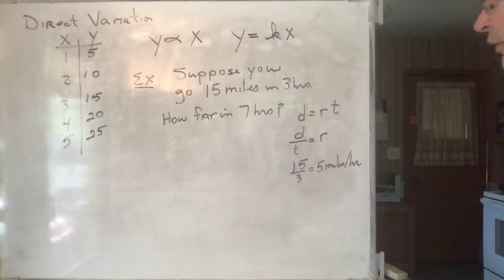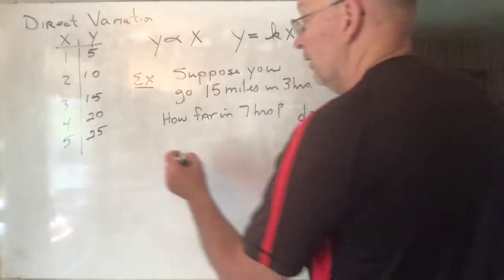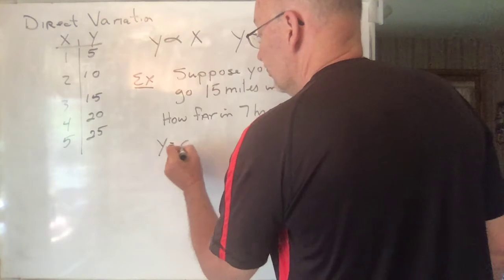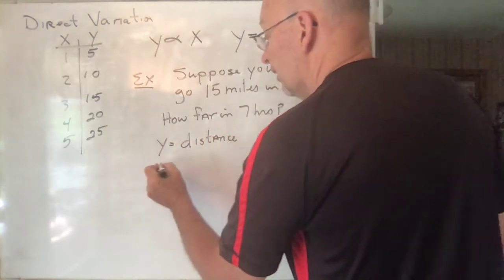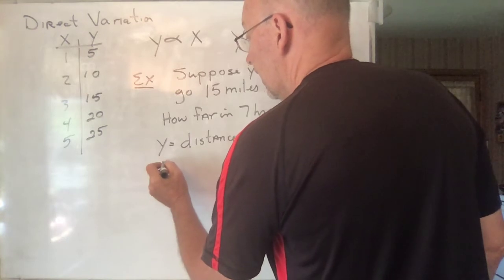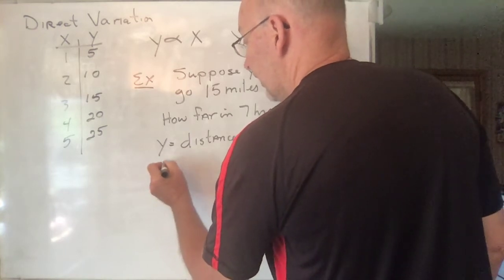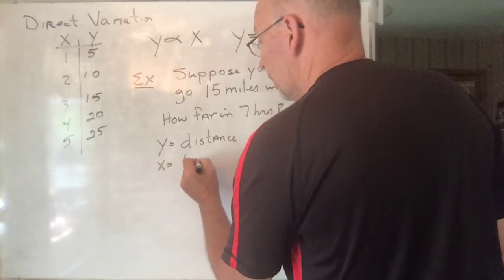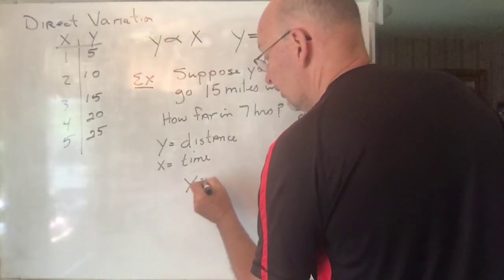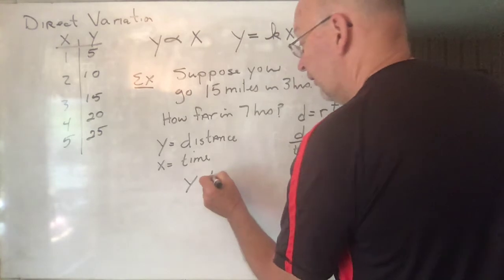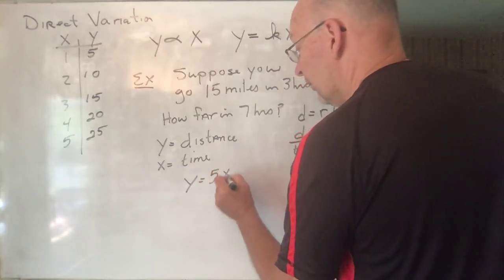So now that you have your rate, if y is your distance, and if we let x be equal to your time, then we see that the distance is equal to, in this case, 5 times the amount of time.